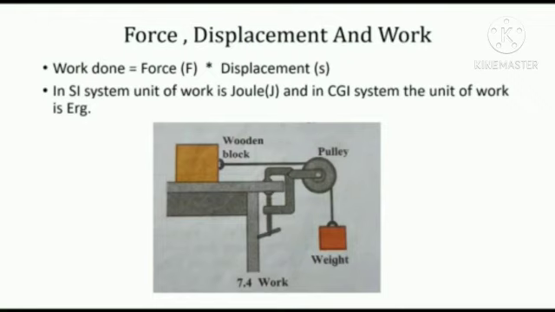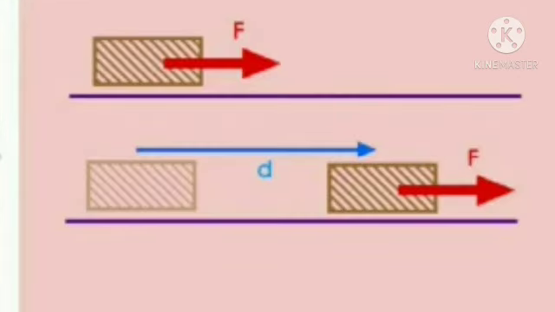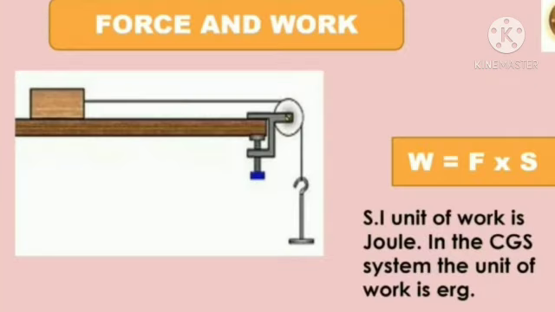We know that work done depends on the force and the displacement. Now we will see the formula that expresses this relationship. Work done is the force applied to the body multiplied by the displacement of the body that takes place in the direction of force.